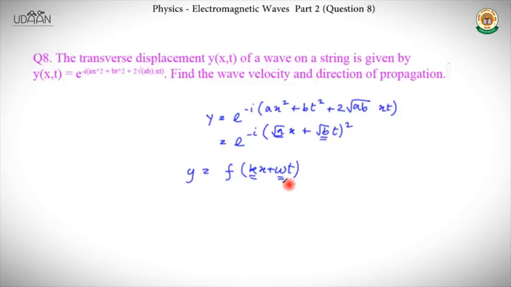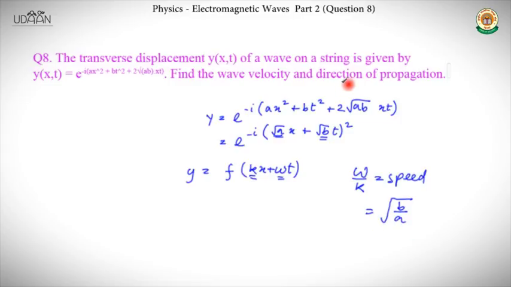So it is a function of kx plus omega t type, and we all know that omega by k gives the speed of the wave. We also saw this in the previous problem. Omega by k equals the speed. So just substitute the values and we have the speed as root over b by a.